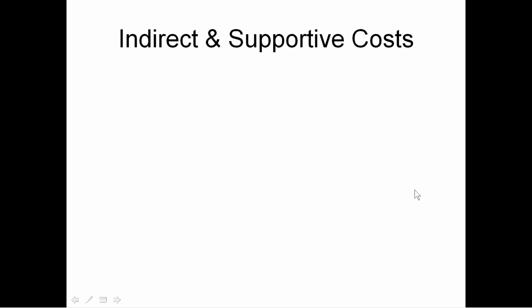A burden rate is a really useful sort of thing. I can determine what my payroll taxes, health insurance costs, other fringe benefit costs, various other payroll-related costs are in relation to payroll dollars or to labor hours or something else.